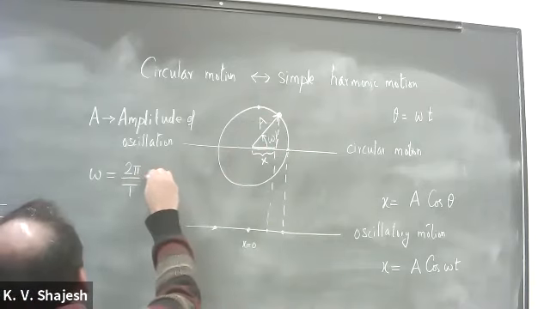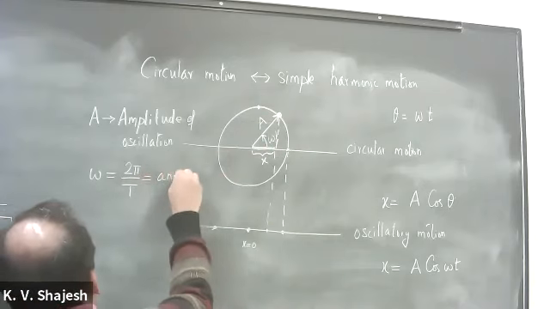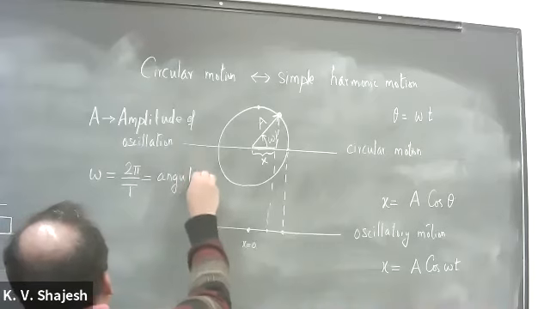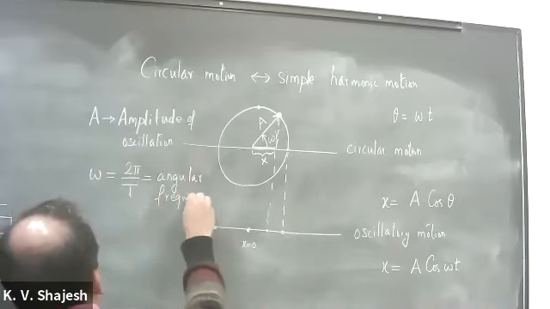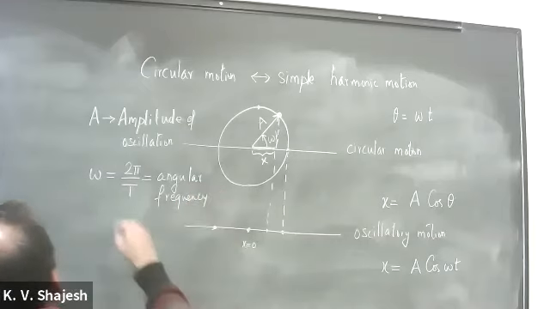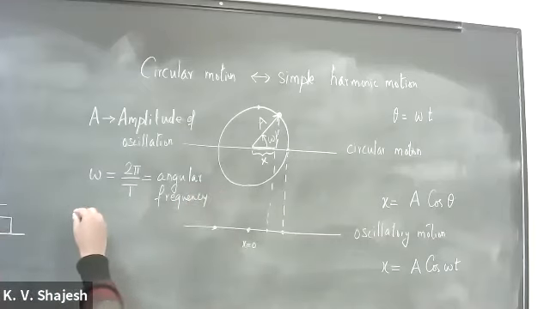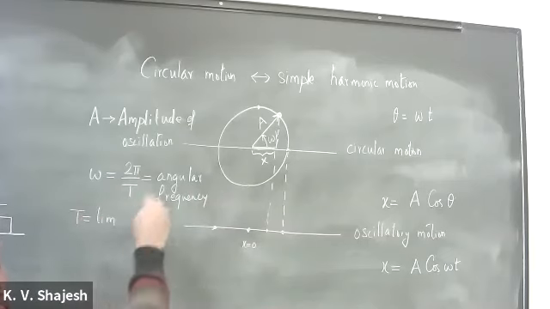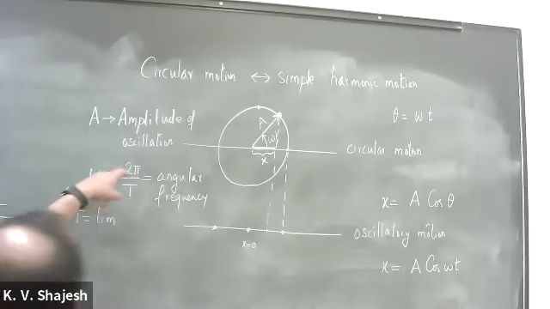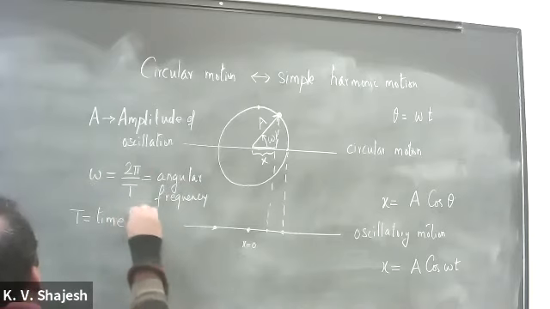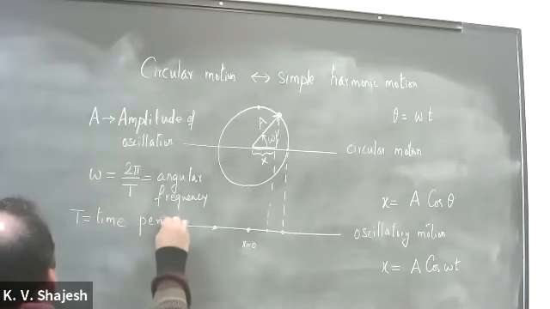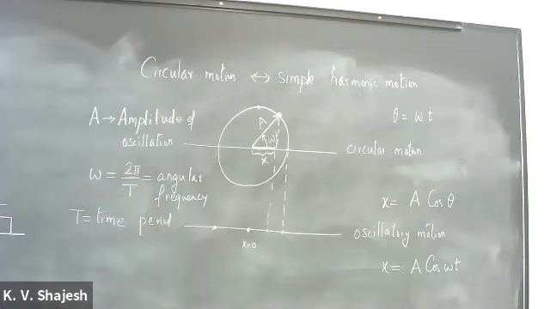So that gives us the interpretation that this is angular frequency, where T now is time period. It's the same idea. So angular frequency and time period are inverse of each other, and if you put it in radians, there is a 2 pi that comes in.